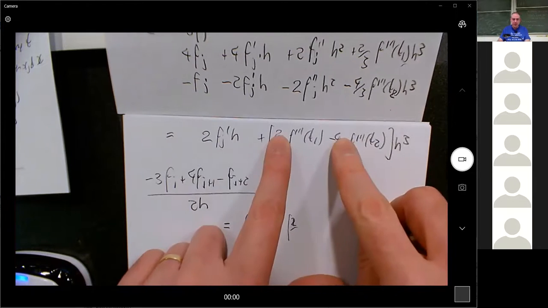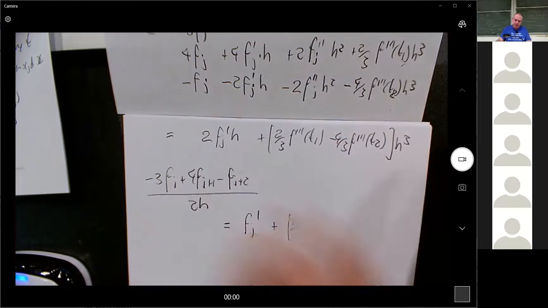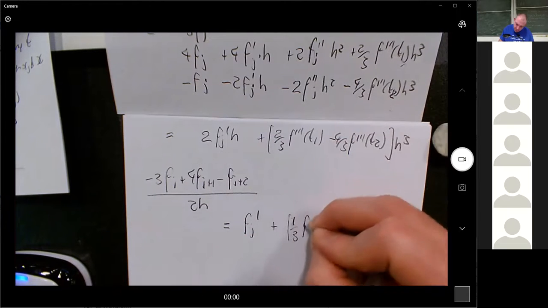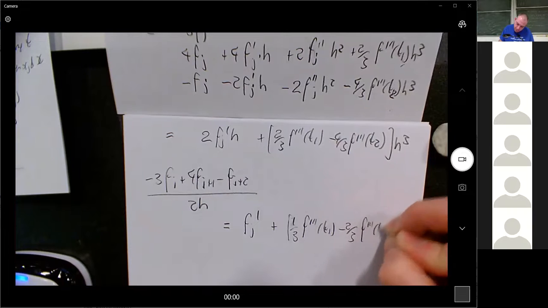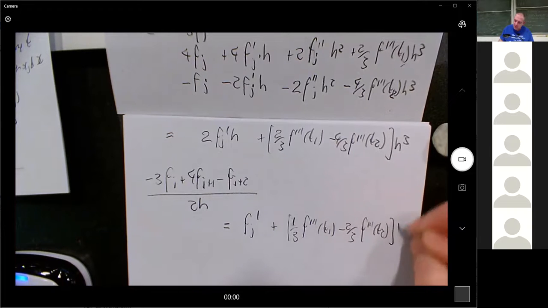So there's 2's there, so I'll divide those by 2. And I'll divide this by h.